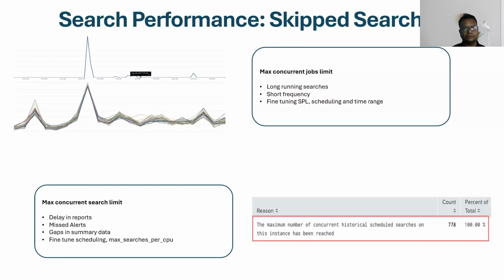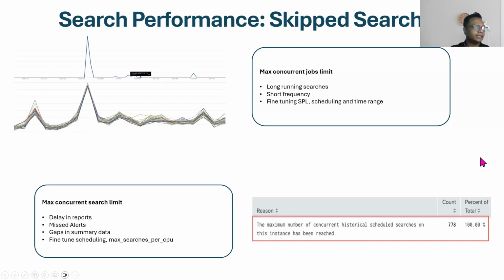Inefficient short frequency will cause skipped searches as well. So in order to mitigate everything, we need to assess the SPL, scheduled job searches, and the time range. So this is about the max concurrent job limit. So what about the max concurrent search limit? Based on the job limit, we also have a search limit, right?